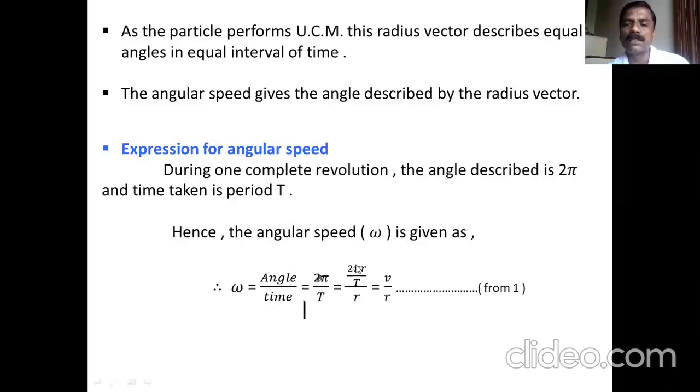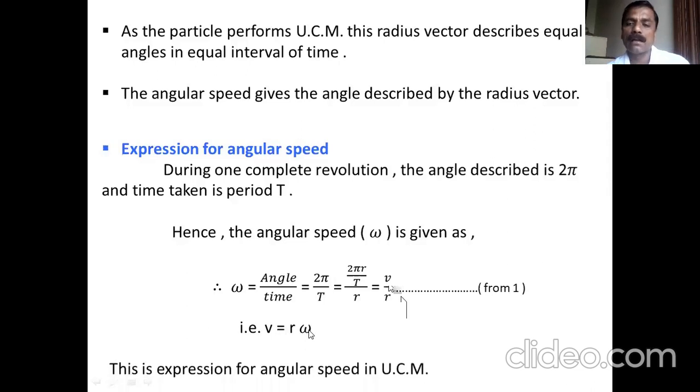And we know 2 pi r divided by T is nothing but the velocity v, and r remains as it is. So omega becomes v divided by r. This can be written as v = r omega, or omega = v/r, and this is the expression for angular speed in UCM.